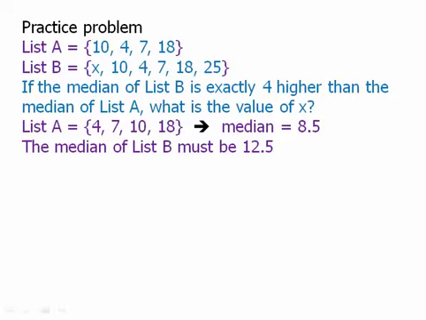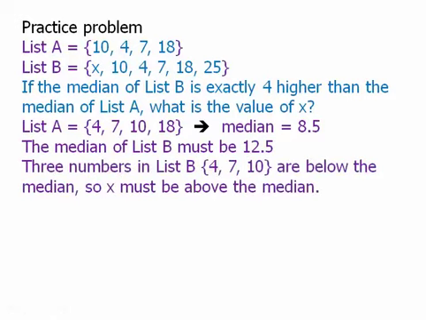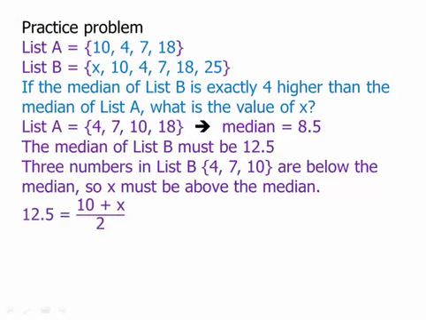All right, so now let's think about this. There are 3 numbers that are less than that median. 4, 7, and 10 are all less than the median. 18, 25, and X must be greater than the median. And in fact, that 12.5 must be the average of 10 and X. So 12.5 is the average of 10 and X. We'll multiply by 2.